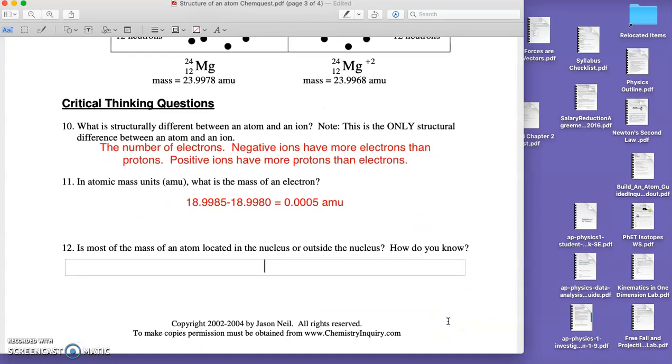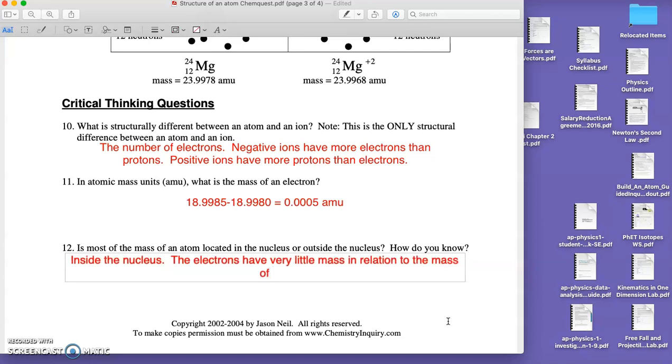So is most of the mass located inside or outside the nucleus? Inside the nucleus. And how do we know? The electrons have very little mass in relation to the mass of protons and neutrons.